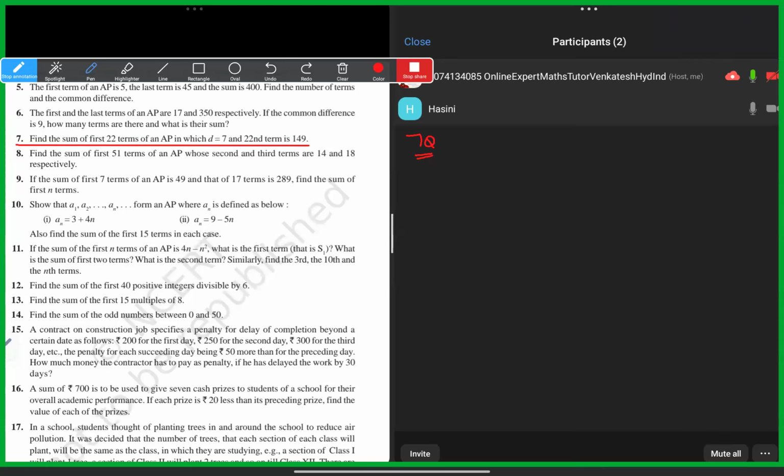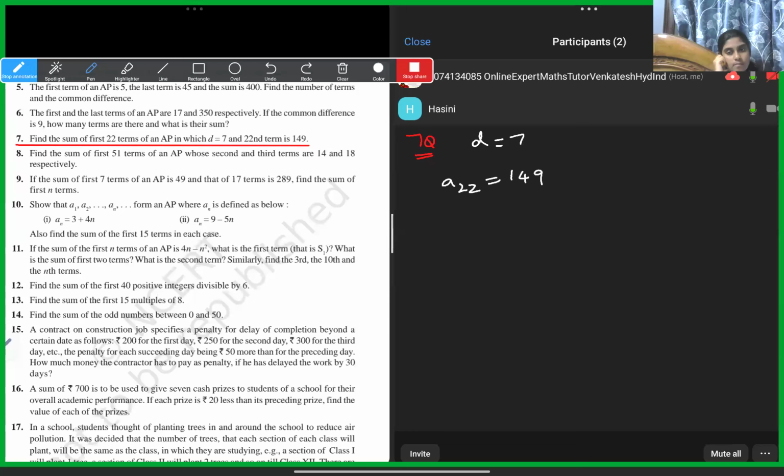And they clearly gave d as 7, Hasni. The 22nd term means what, Hasni? A22 is 149, the 22nd term.